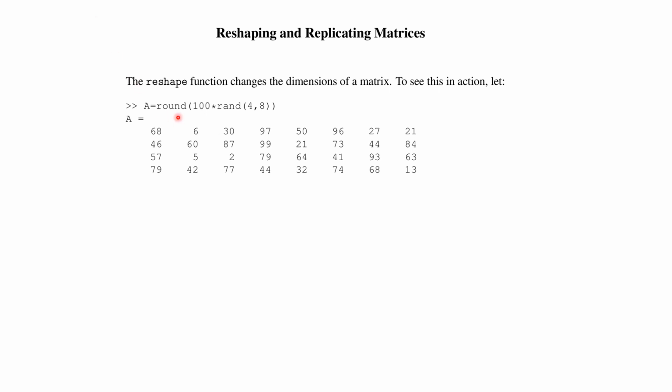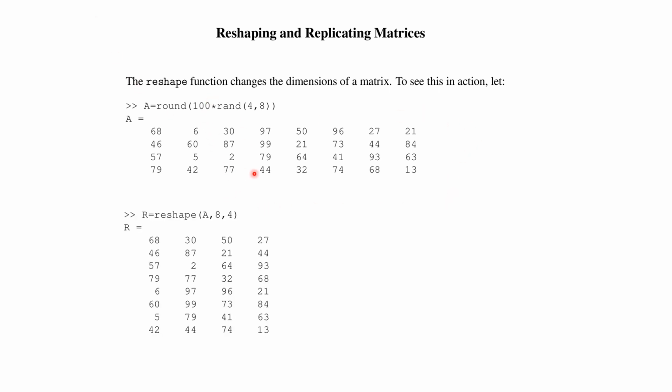You can reshape matrices. For example, let's give ourselves this matrix here, 4 by 8, so there's 32 elements in it. I can reshape that to be an 8 by 4 if I like. And it'll do the most reasonable thing. See how it has done it. It's taken this first column over here, and there it appears again.